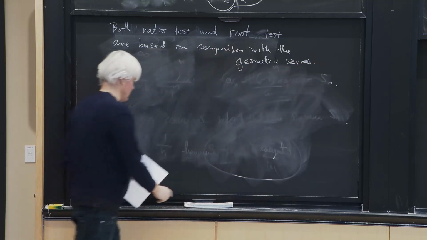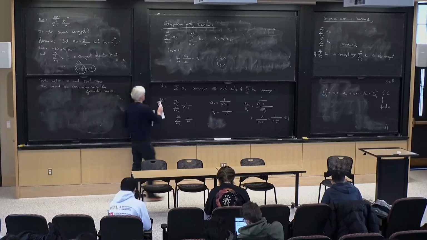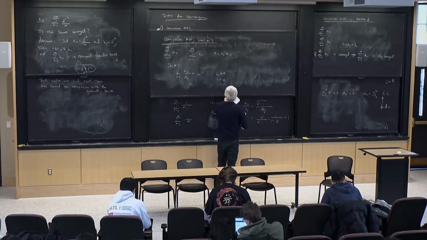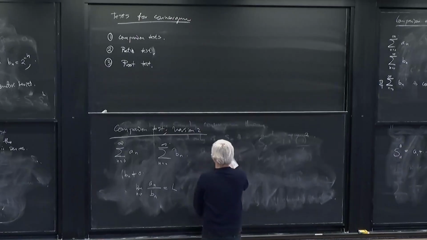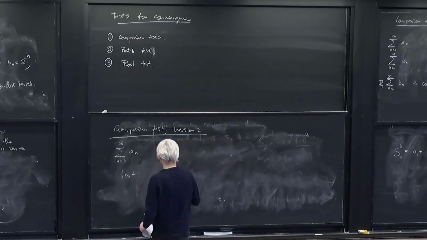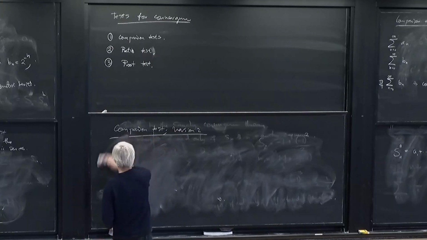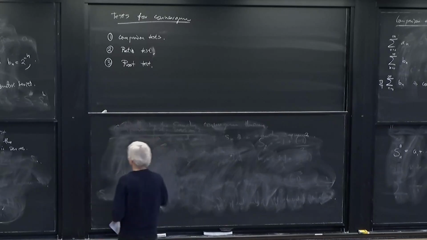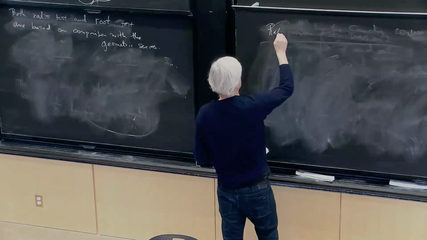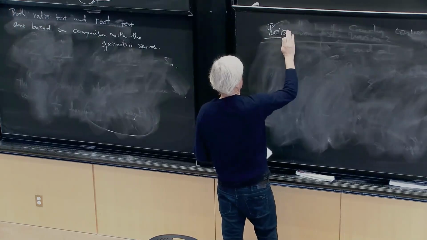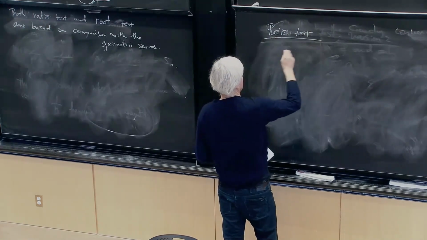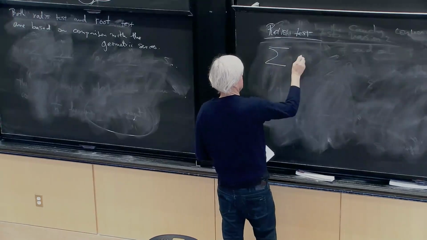Okay, so what is the ratio test? Well, if you have a series, you don't have to look at any other series. Like in the comparison test, you had to find another series, but in the ratio test you're looking at a series like this.